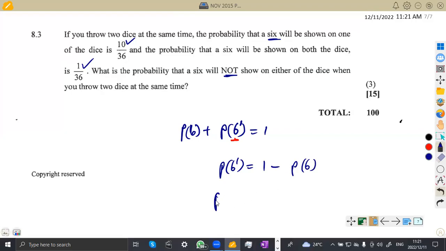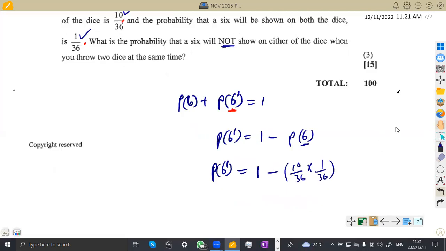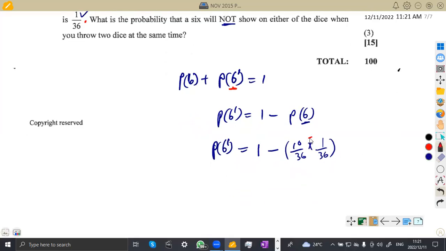Remember there are 2 dice that we are talking about. So for the probability of obtaining a 6, there are 2 that we are given. One side is 10 over 36, the other side is 1 over 36. So we are going to multiply the 2 outcomes, that's 10 over 36 times 1 over 36. This is the probability of obtaining a 6 from the 2 dice.